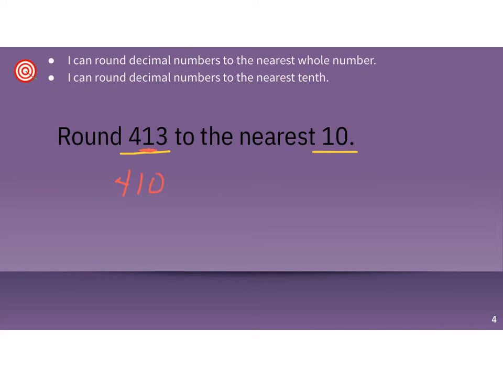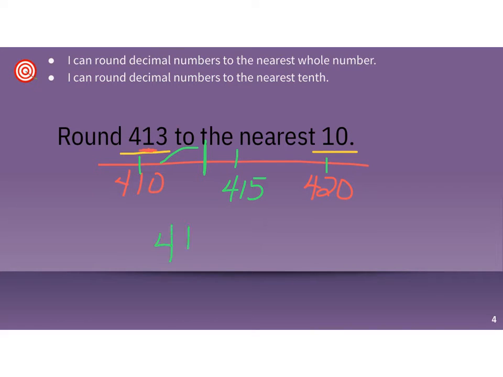It's between 410 and 420 on a number line, if I'm looking at the tens. So 410, 420, and where would 413 fall? If 415 would be halfway, 413 would be here, closer to 410.